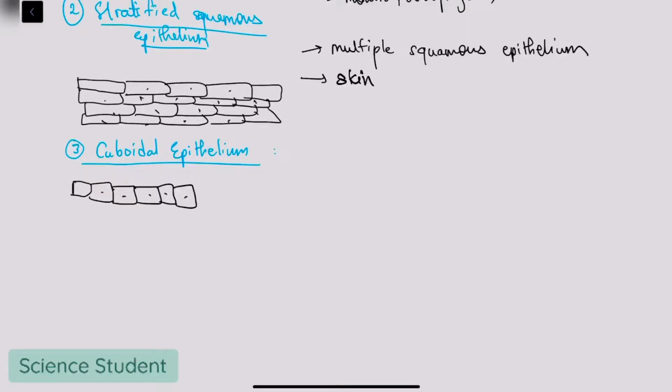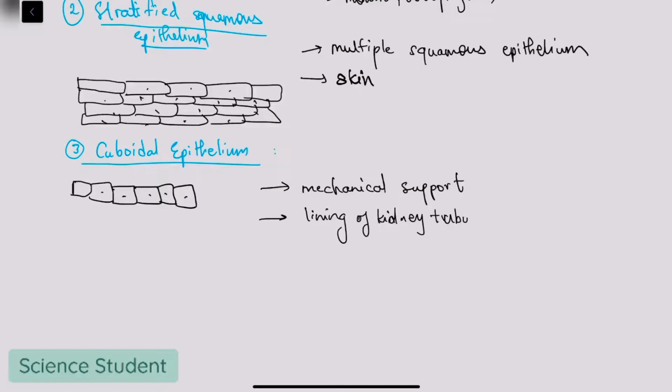This cuboidal epithelium has the main function of mechanical support. It is present as the lining of kidney tubules or the salivary gland, etc.